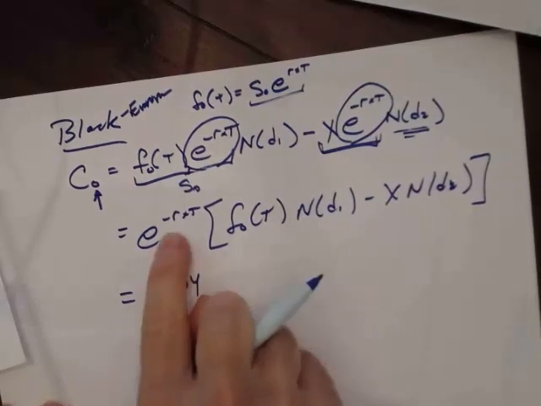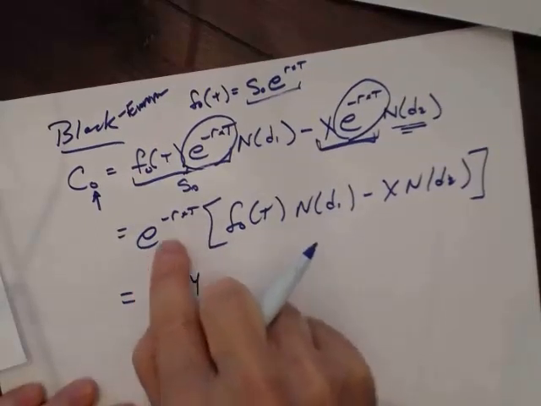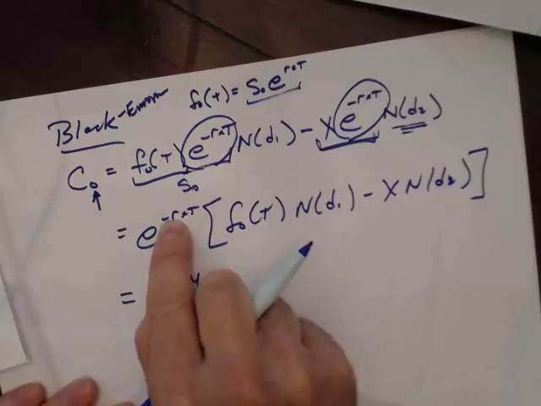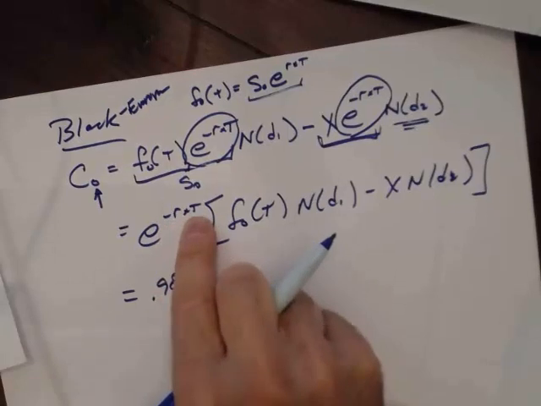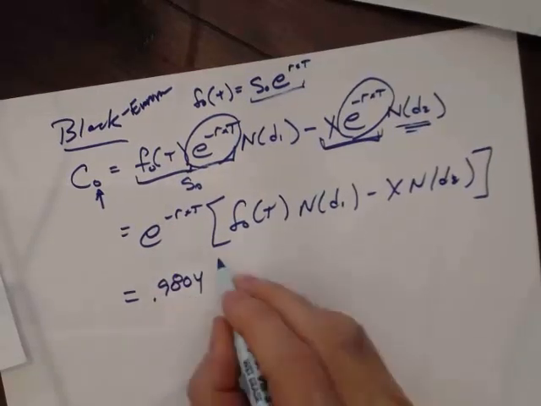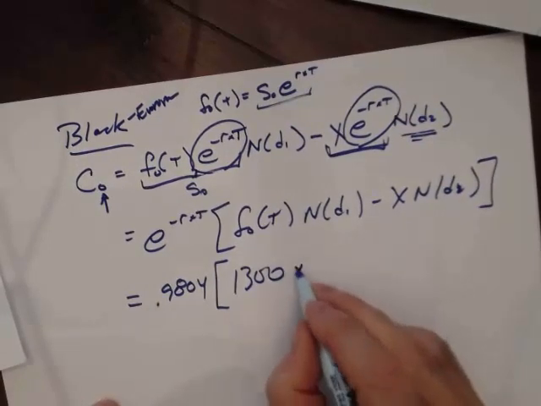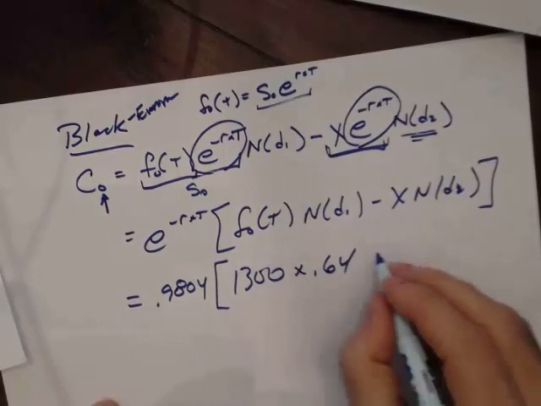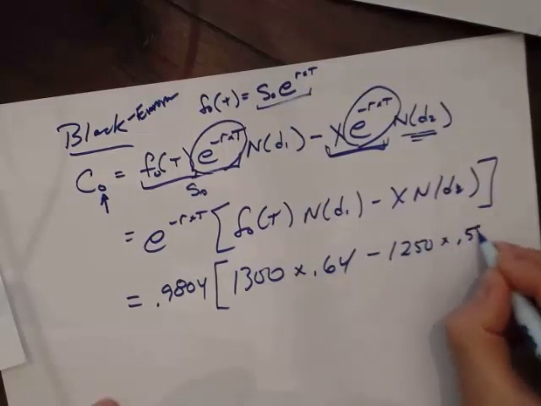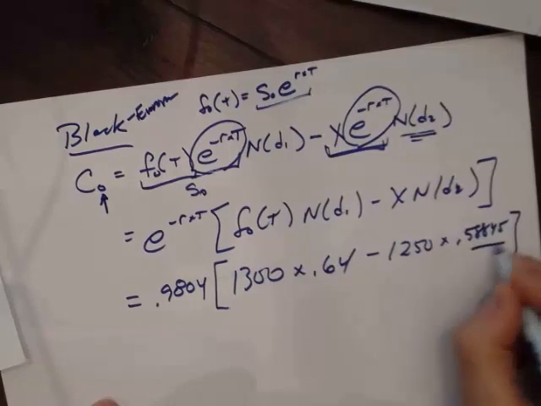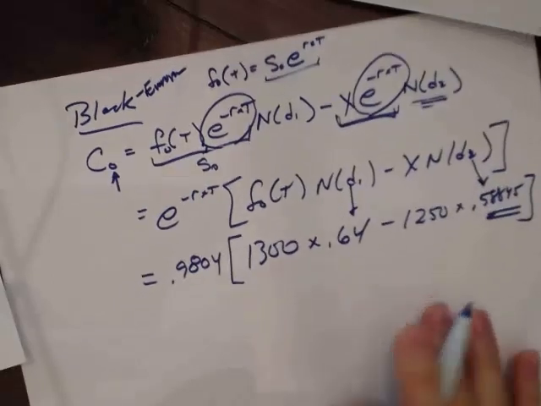You can think of it this way: the present value of $1 discounted at R, which is 2% for one whole year, is going to be worth 98 cents. That's the discount factor, times the 1,300, times 0.64, and I'll show you how to calculate that in a minute. The strike is 1250 times 0.58845, and I'll show you how to calculate N(d2) in a second. So that's what these are here.